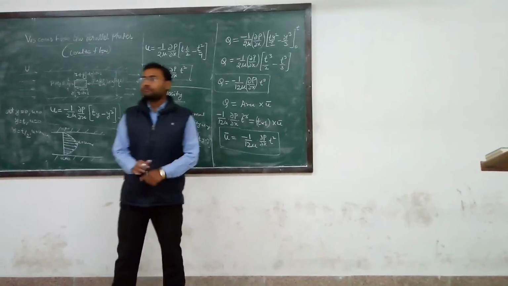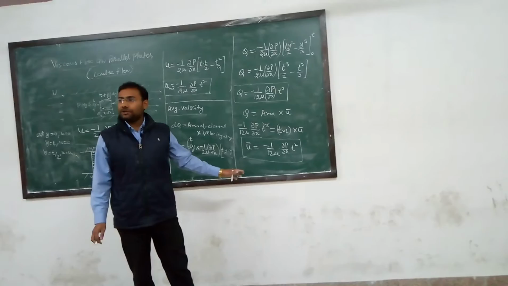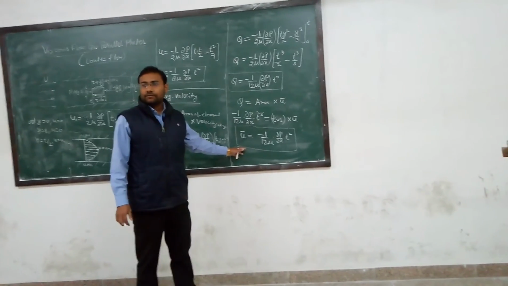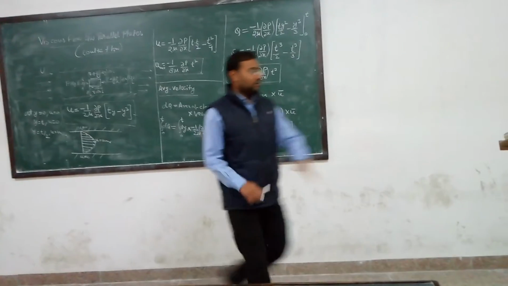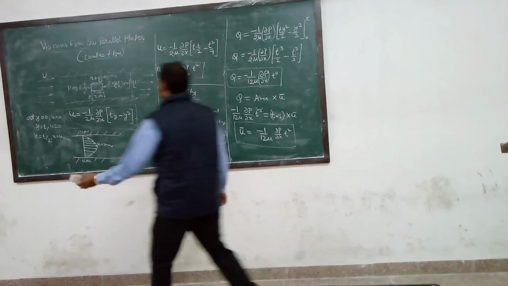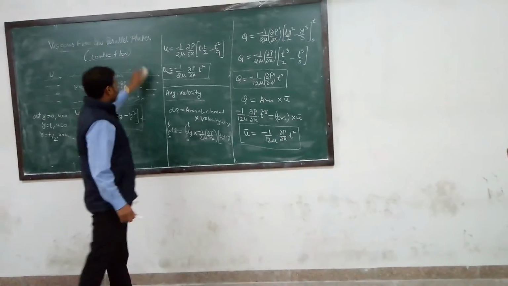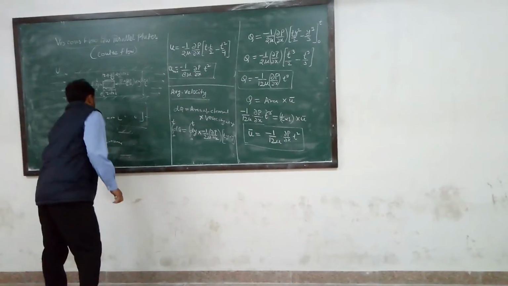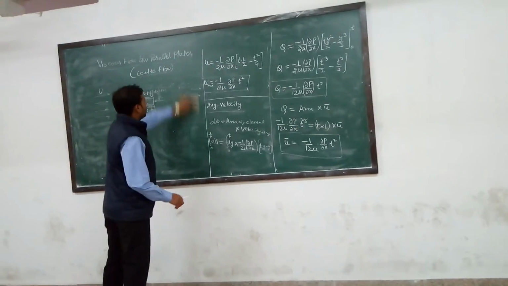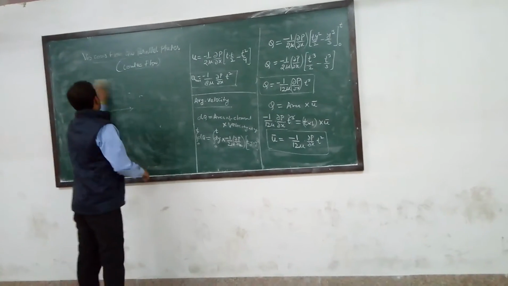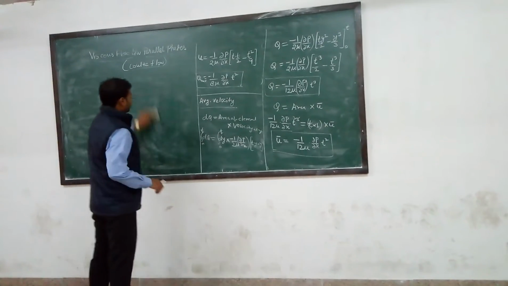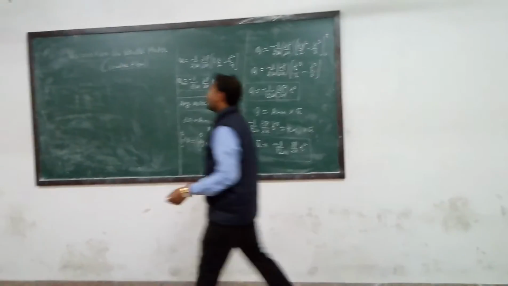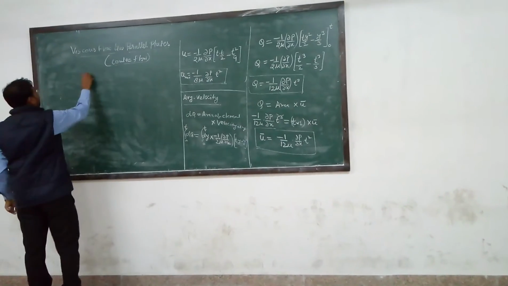Clear? Yes. Has everybody understood it? Yes, sir. Any more doubts? No, sir. Thank you. So we will move further. Now we will calculate the ratio. The ratio will be the ratio of maximum velocity to the average velocity.